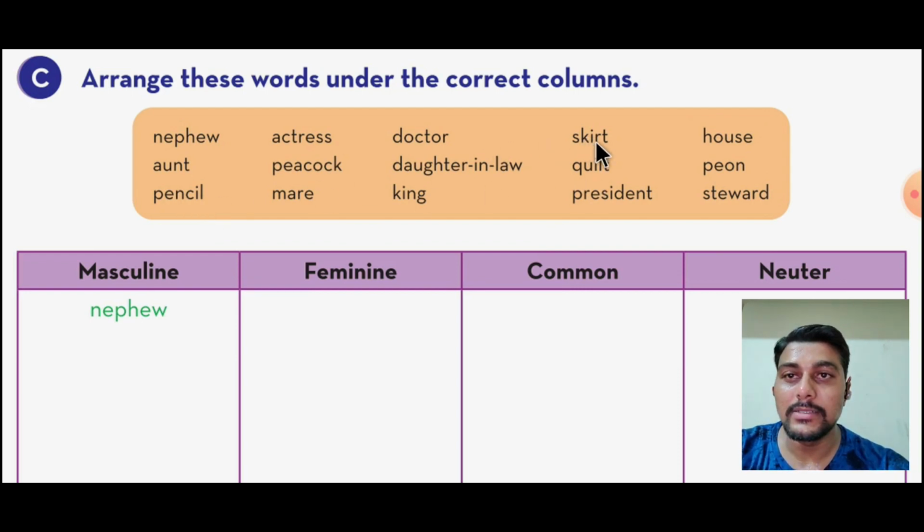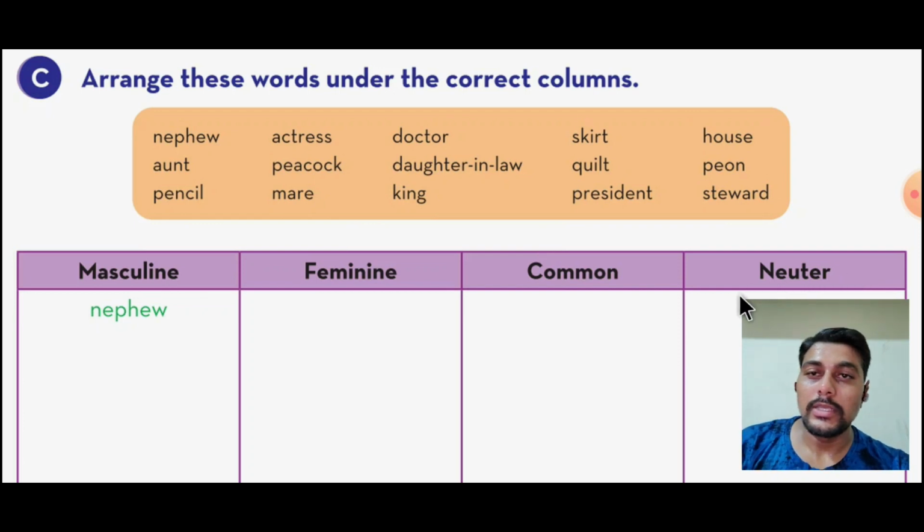Then house. Yes, house is also a non-living thing. So in short, all these non-living things: house, quilt, skirt, pencil, these 4 will come into the category of neuter gender. So masculine gender, feminine gender, common gender, and neuter gender.